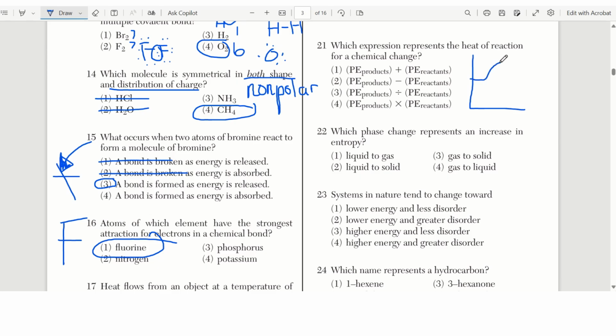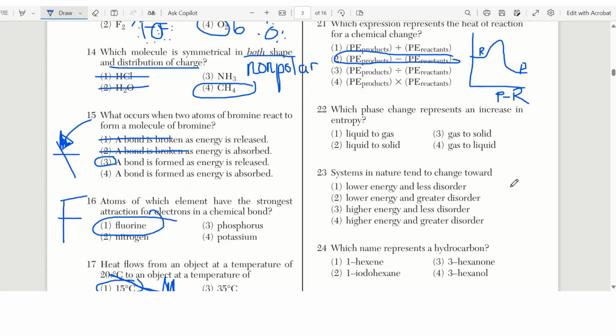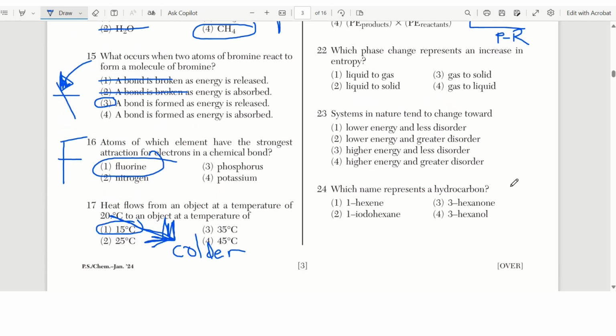So if we're talking about a chemical change, how do we find the heat of reaction? That's delta H. So what we do is we do products minus reactants. Must be in that order. Products minus reactants.